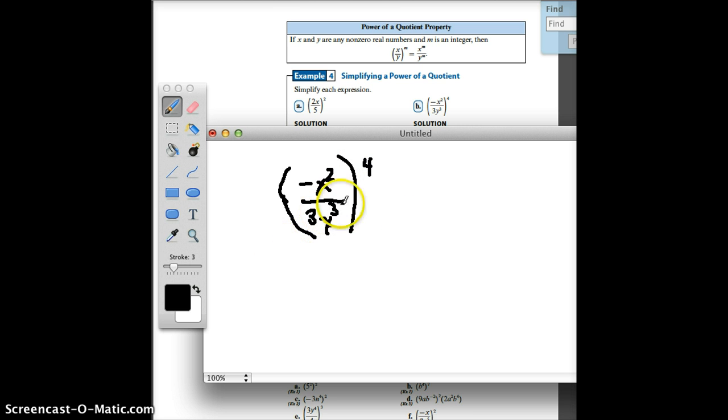So what you can do is go ahead and multiply, but you got to remember it applies to the coefficient, which in this case is -1. So -1 to the 4th power would be +1. Okay, -1 times -1 is +1. -1 times -1 is +1.